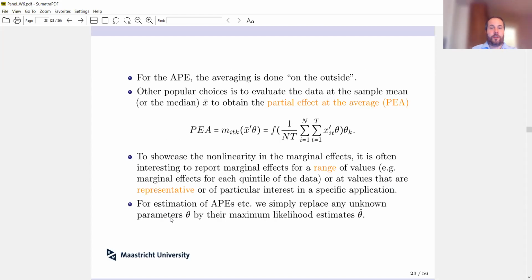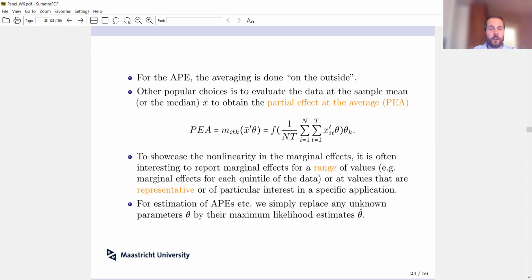Now, because we have such a structural model, where we assume a certain density is true, we should also gain something. Nonlinearity is not necessarily bad. Nonlinearity can give you useful information because you can compute marginal effects at a large range of values.